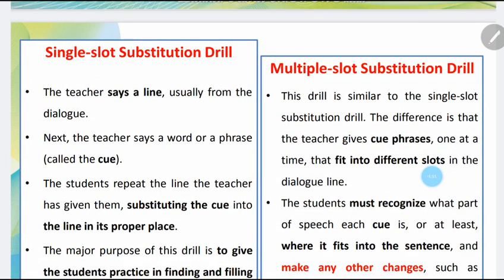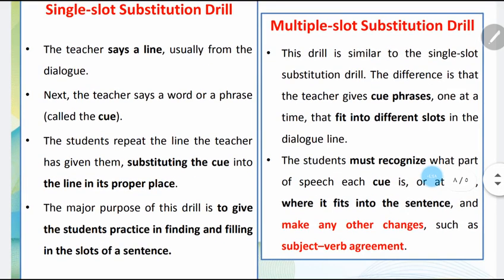Single slot substitution drill. The teacher says a line, usually from the dialogue. Next, the teacher says a word or phrase. For example, "I'm going to the post office," and the teacher provides cues: bank, station, school, supermarket. The students have to fit the cues the teacher provides into the line of the dialogue.